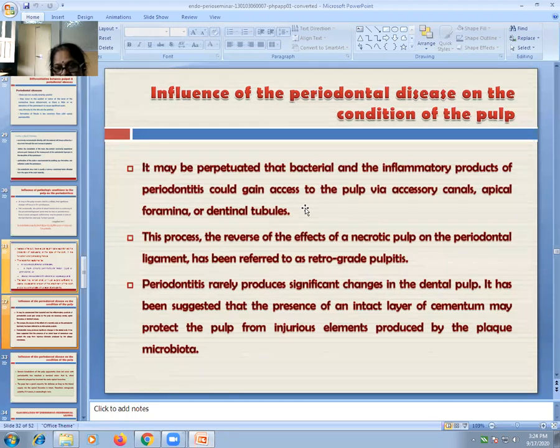Whenever there is periodontitis, it will not make much change in the pulp cavity or the dental pulp. The dental pulp may not become non-vital because of this periodontal origin unless and until it passes through the cementum. Only if there is an intact layer of cementum is this possible.